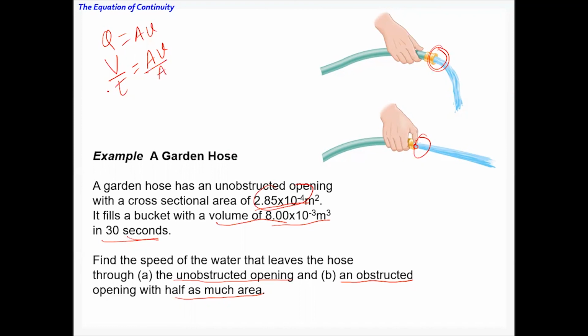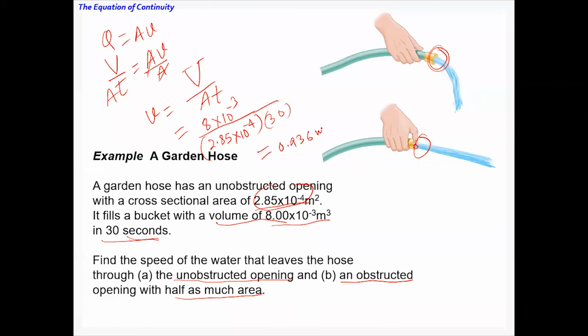Divide both sides by A: V equals big V, which is volume, over A times T. Let's plug in the values: 8 times 10 to the negative 3 for the volume. The area is 2.85 times 10 to the negative 4. Then time T is 30 seconds. If you do this calculation, you get V equals 0.936 meter per second. Let me call this V1.